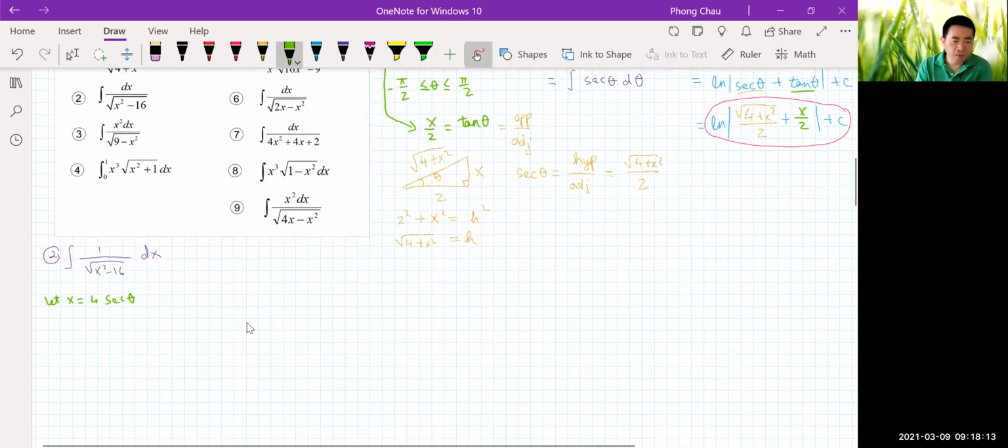Okay. Don't forget that once you're done, you start substitution. Don't forget to take a derivative immediately before you forget. So derivative of secant is secant times tangent.